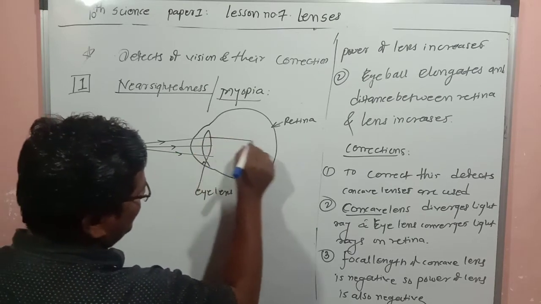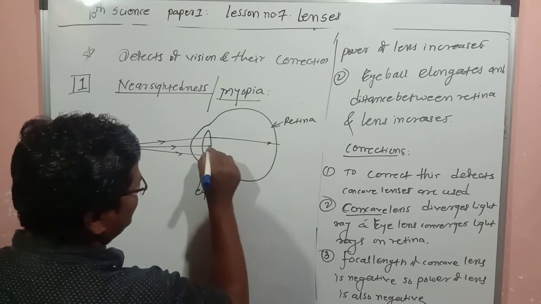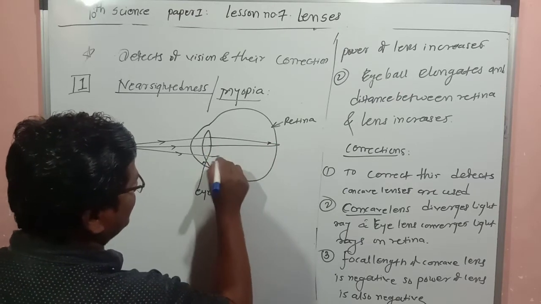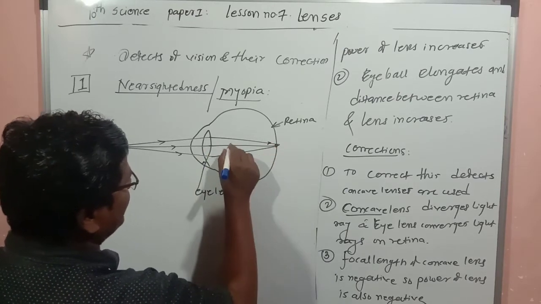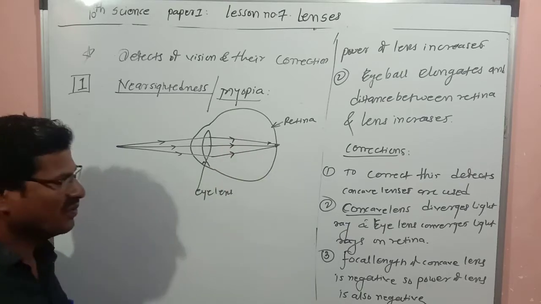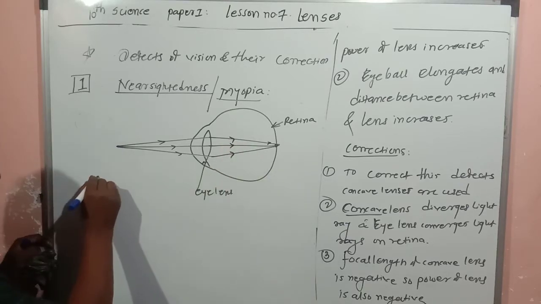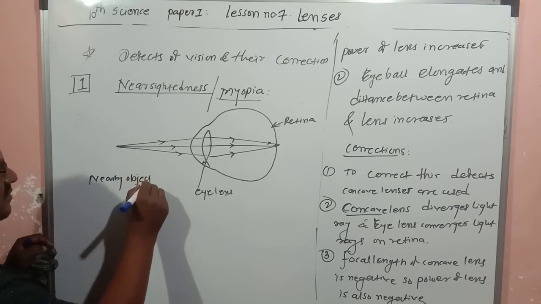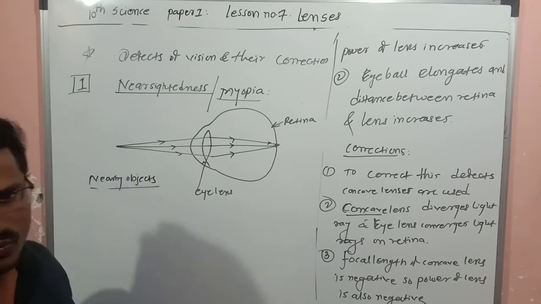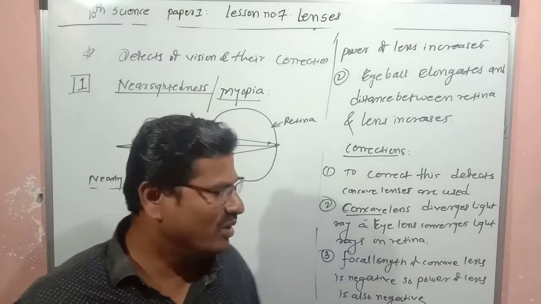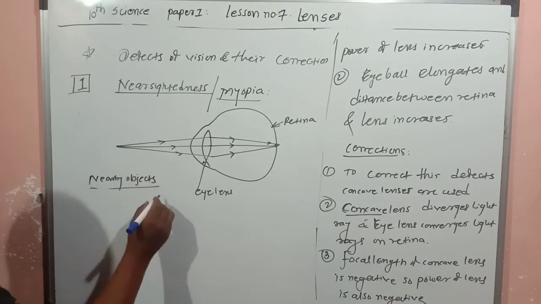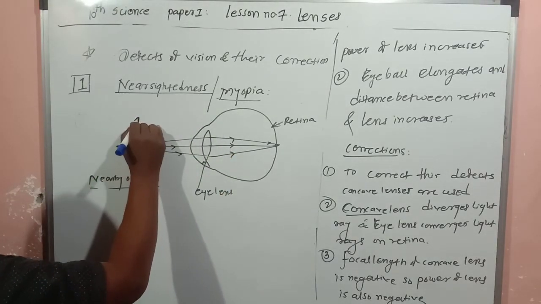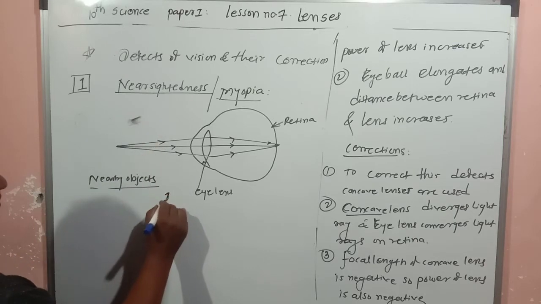So that light rays will be converged at a single point on the retina, and here image will be formed. For nearby objects there is no problem. Now this one is diagram number 1.